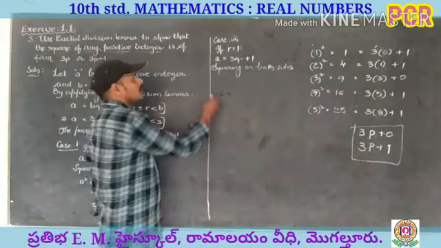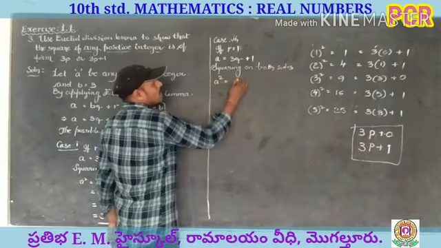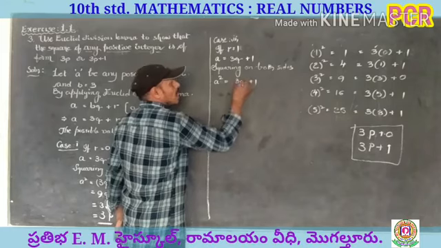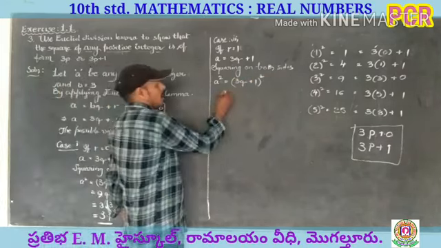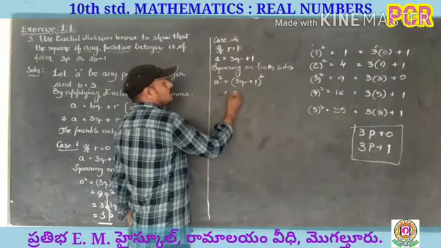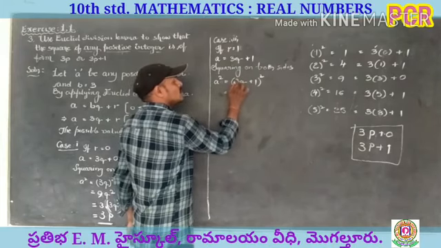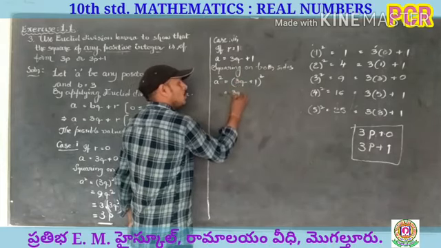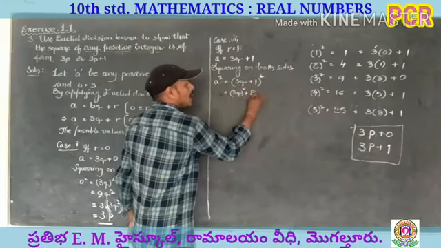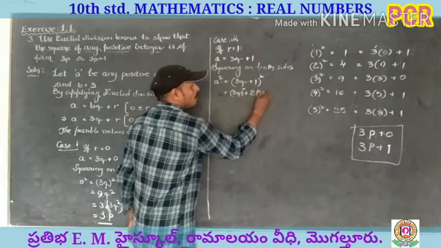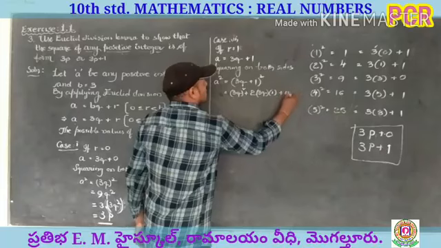Squaring on both sides, a square is equal to 3q plus 1 whole square. Now expand this in the a plus b whole square form. a square means 3q whole square, plus 2ab, 2 into a means 3q, b means 1, plus b square means 1 square.